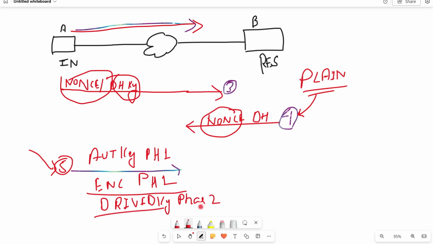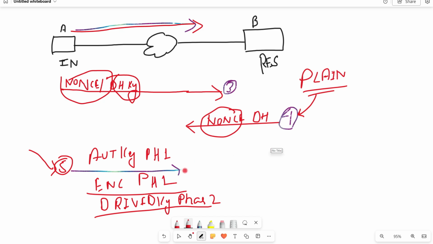So this is the use of this key. After this fifth packet, these connections are encrypted. Now nobody can see the data, and these connections are fully secured and encrypted.